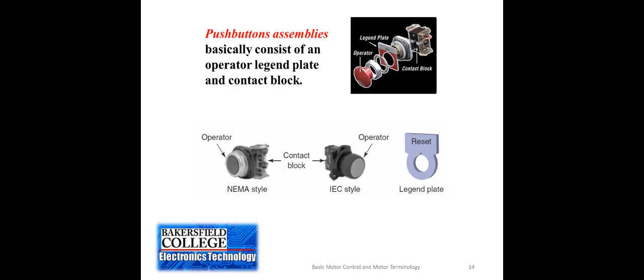So you can buy the operator type that you want. And then you will have some type of a contact block. It could be already built into the switch itself, or it could be like the one you see up at the top of the slide, where you can stack multiple contact blocks on top of each other to have the switch configuration that you want.